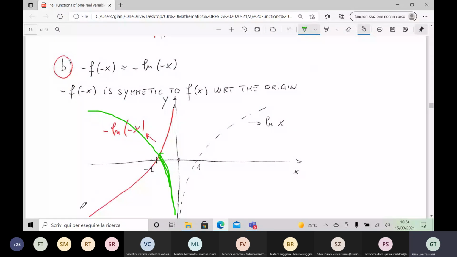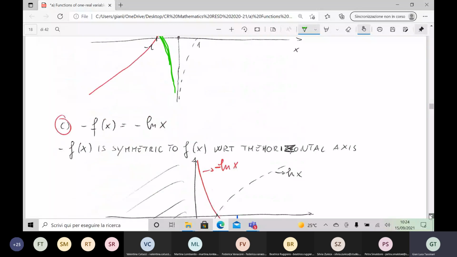So instead of doing everything in one step as I did in point B, first it is convenient to take f of minus x, which is the green and which is the symmetric with respect to the vertical axis of f of x. Then, for the final step, consider the symmetric with respect to the horizontal axis of f of minus x, that is the symmetric of the green. By doing so, you get the graph I did previously in one step, but it's easier by performing 2 steps.